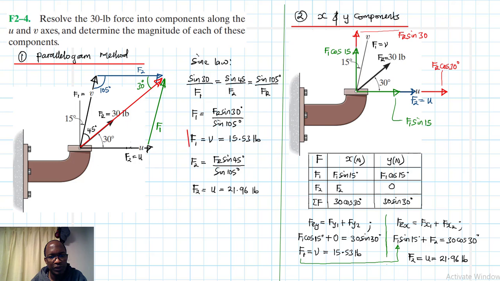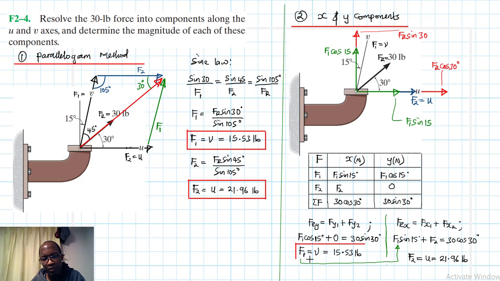We have V, which is equal to F1, and F2, which is equal to U, as in the first method. In the second method, we have F1 equal to V, and F2 equal to U. I think this is about it.